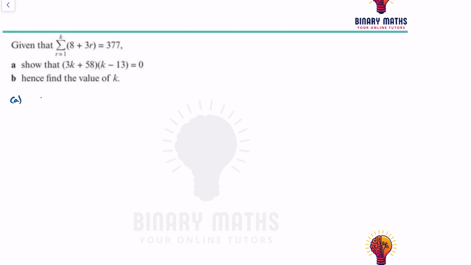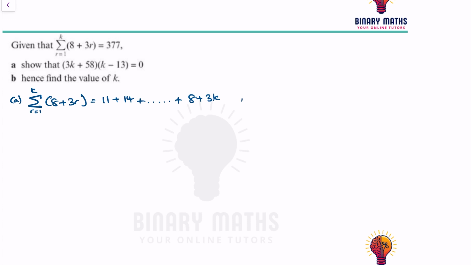Okay, so sum of r equals 1 to k of 8 plus 3r is the same thing as substituting first 1 in, so 8 plus 3 times 1, which is 11, plus 8 plus 3 times 2, which is 8 plus 6, which is 14, plus all the way up to 8 plus 3k.